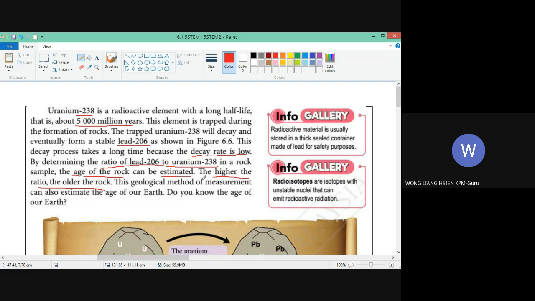There are rocks that are formed through other processes, like volcanic rock. They are formed after the volcanic lava cools down and becomes rock. So you will learn all of that about rock formation.